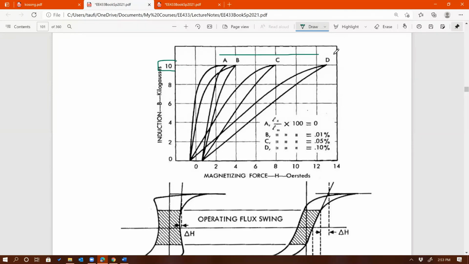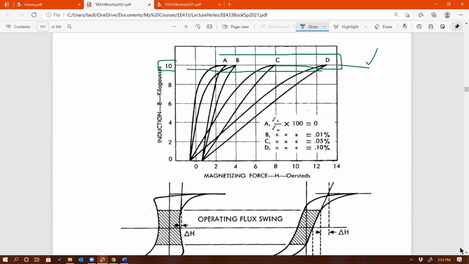See that? It stays at the same point. What's changing is H, the field intensity. The level of the flux density stays the same, but the magnetic field intensity goes higher with air gap. That's the first thing.